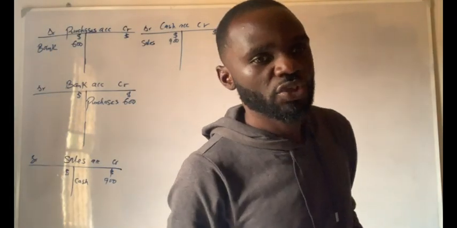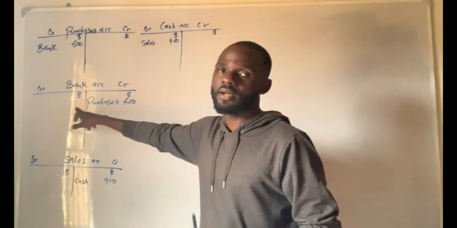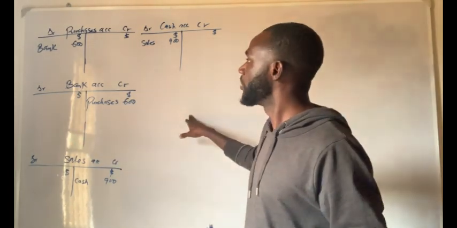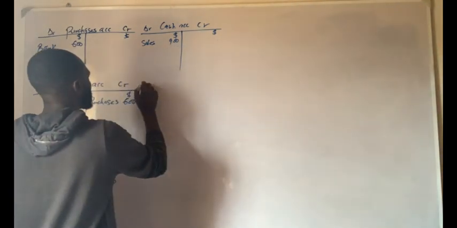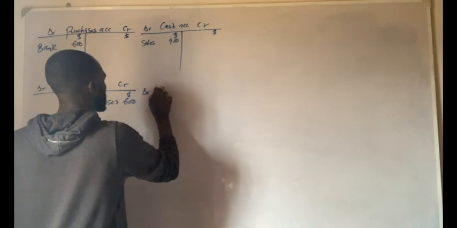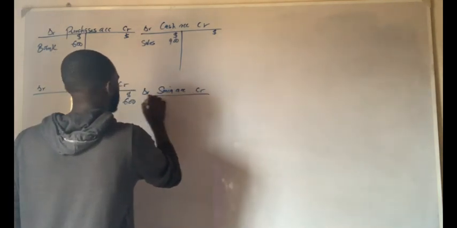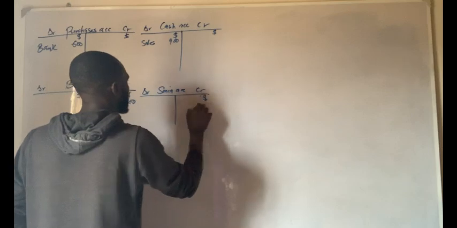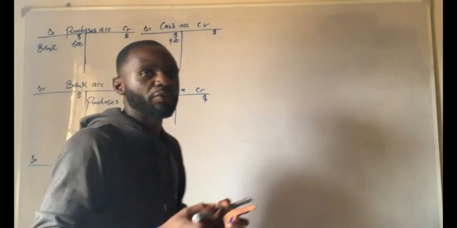So next is received check from Sonia. A check is an instrument of the bank. We already have bank accounts, but the account we don't have here on the board is that of Sonia. So we'll open Sonia's account. Here we're simply going to have debit, Sonia account, and then credit. So we received from Sonia.